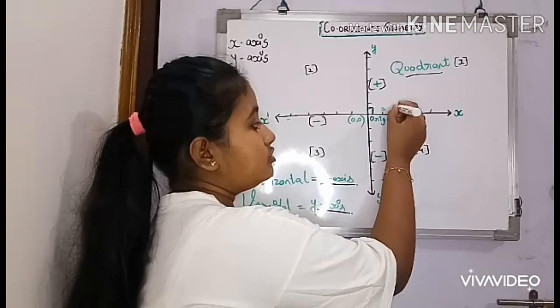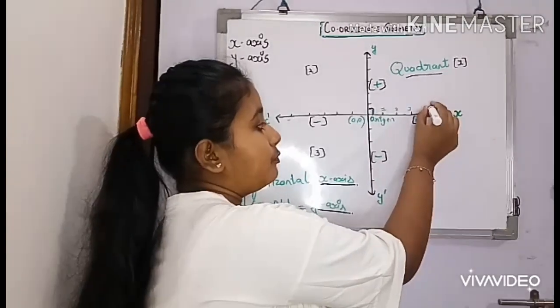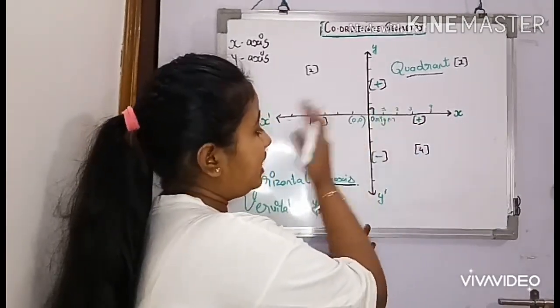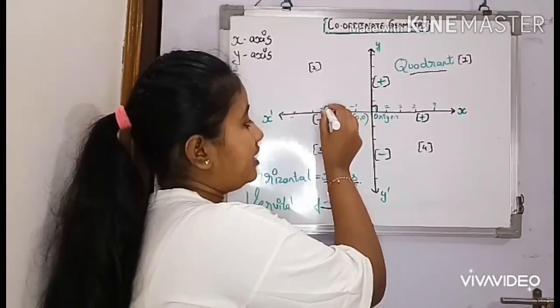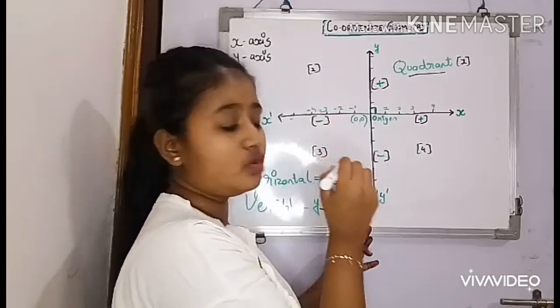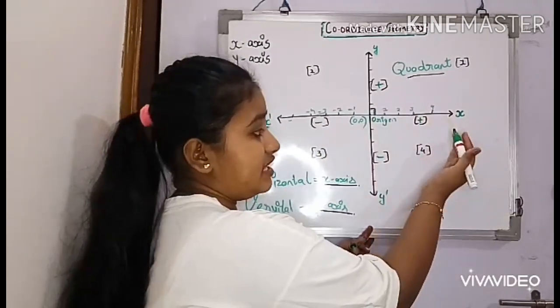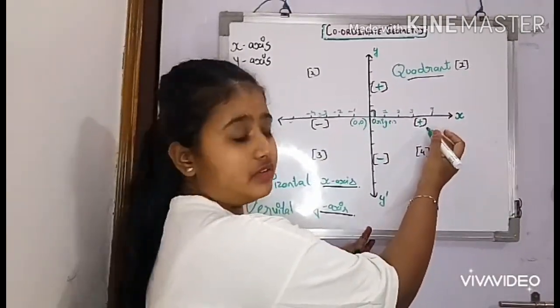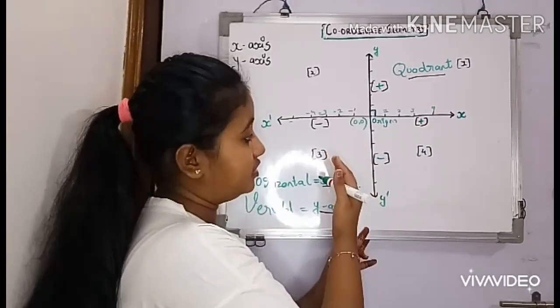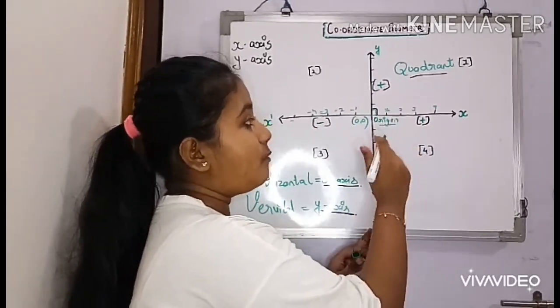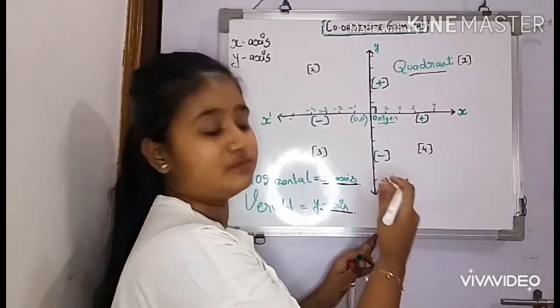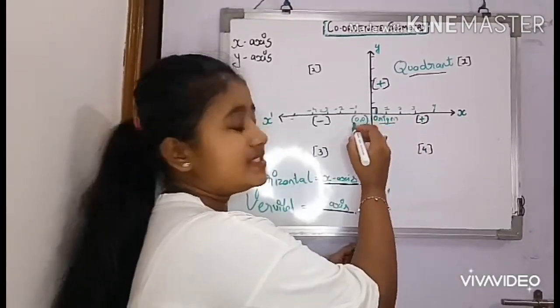Notice that on the right side we have 1, 2, 3, 4, but on the left-hand side we have negative terms: -1, -2, -3, -4. On the right-hand side of the x-axis we have positive terms and on the left-hand side negative terms, and in between we have the origin point. It is common for both the x-axis and y-axis. The origin has the coordinates 0, 0.